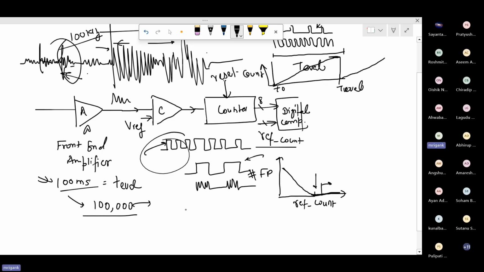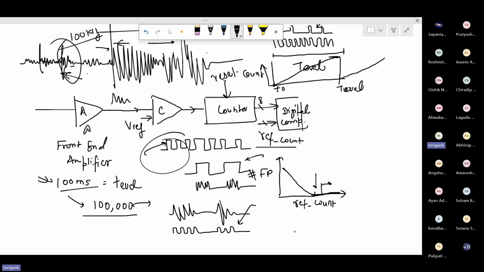Even if there is no seizure, it is giving a detection, because you have kept the count so small that even a little bit of ringing, which is not actually a seizure, generates a few pulses here and here, and because of these few pulses it gives a false alarm. If you go on increasing the reference count, the false positives will eventually be reduced to zero. Beyond that, there is no benefit of increasing the reference count further. So that is the logic.